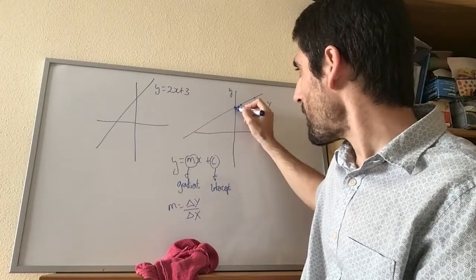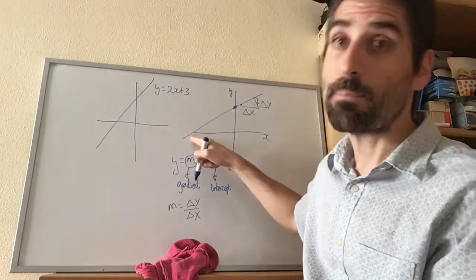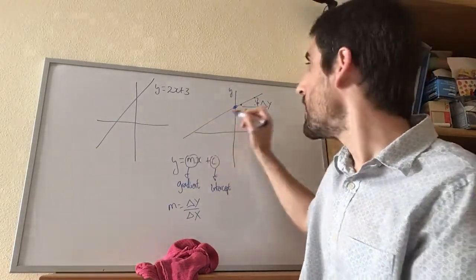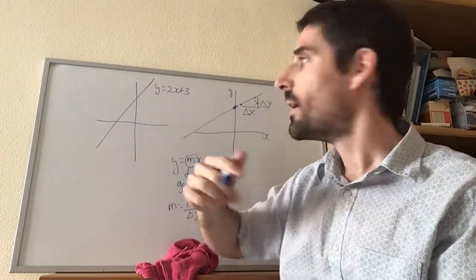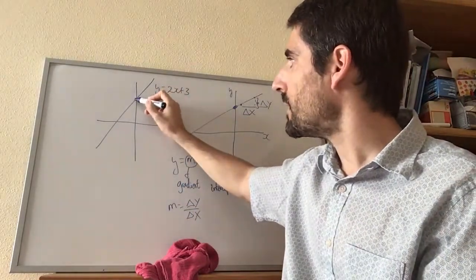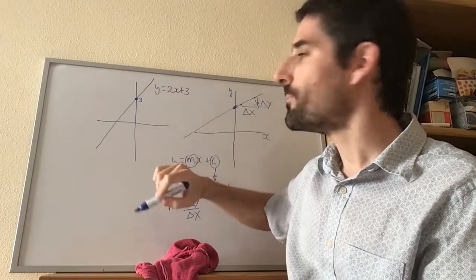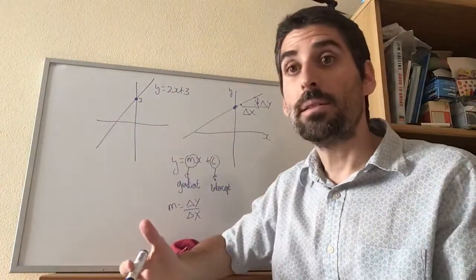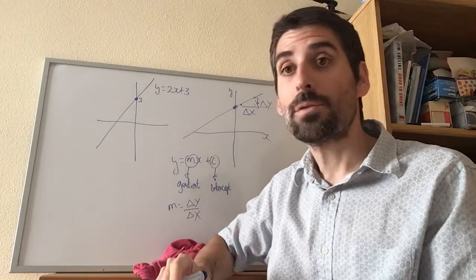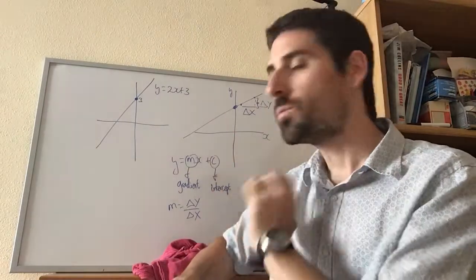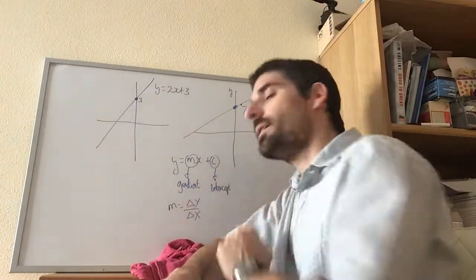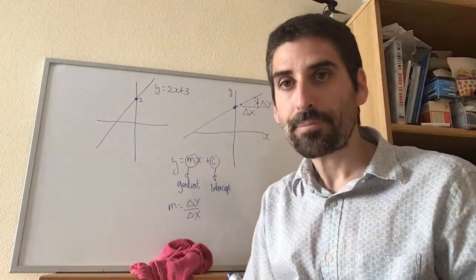So at that point, not that one, some people make that mistake, not that one, this point is the y-intercept. In this case, it would be here, and it would have been 3. So that's how you find the intercept. It's very simple. All you have to look at is where the line crosses the y-axis. That is the y-intercept. That is the number that goes there.